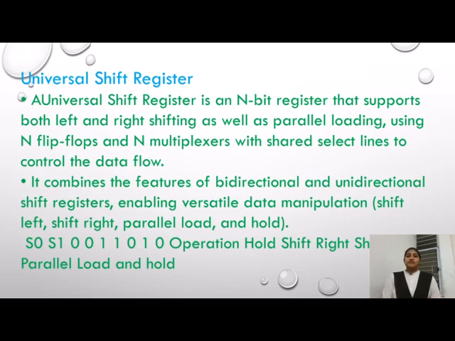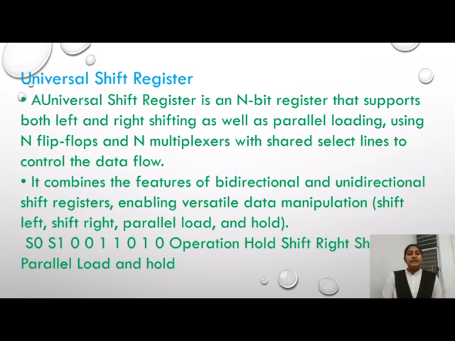The universal shift register accepts both left and right shift as a bidirectional shift register, as well as parallel loading, using n flip-flops and n multiplexers. Here we use flip-flops as well as multiplexers with shared select lines to control the data flow.